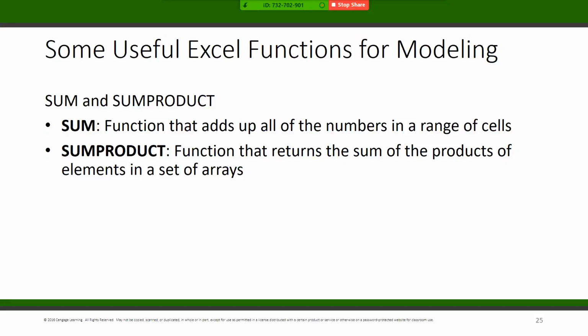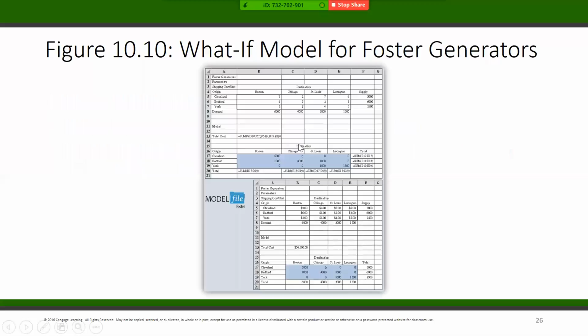What management would like to do is determine how much of its production should be shipped from each plant to each distribution center. And so we have this kind of complicated, more than what we've seen before, what-if model for Foster Generators. Okay, so this is going to be our destination: Boston, Chicago, St. Louis, or Lexington. This is our origin: Cleveland, Bedford, or York. And so that's going to be our values, okay?